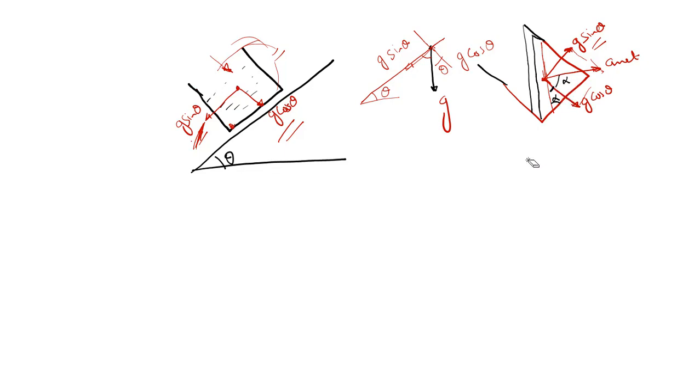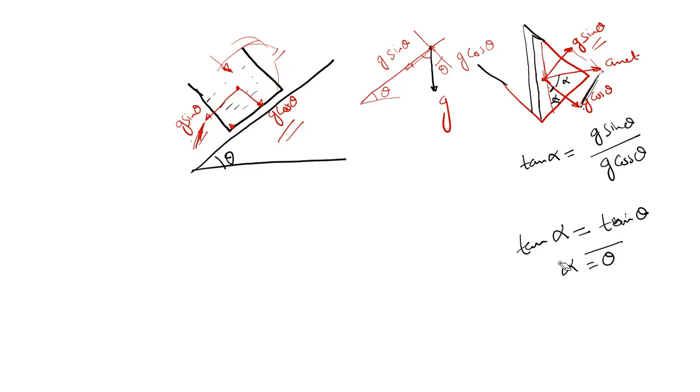If I evaluate tan alpha, it is nothing but this component, g sine theta, upon this component, g cos theta. So tan alpha will be tan theta, so alpha equals theta, right?